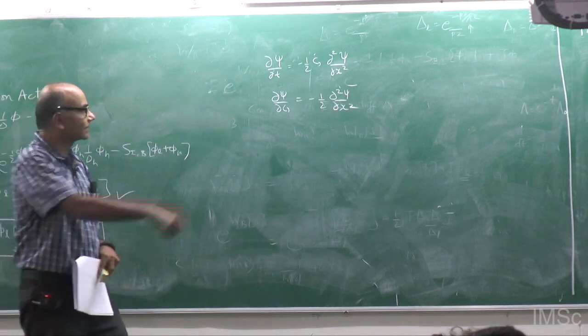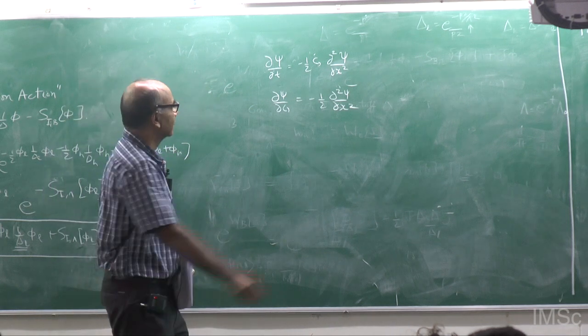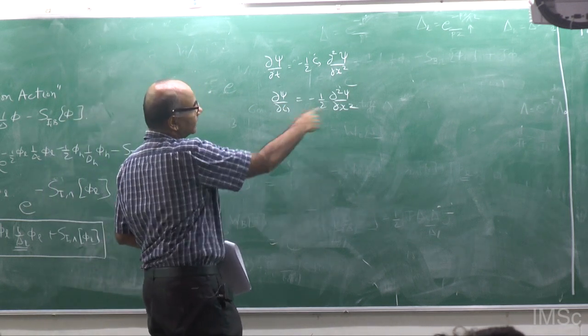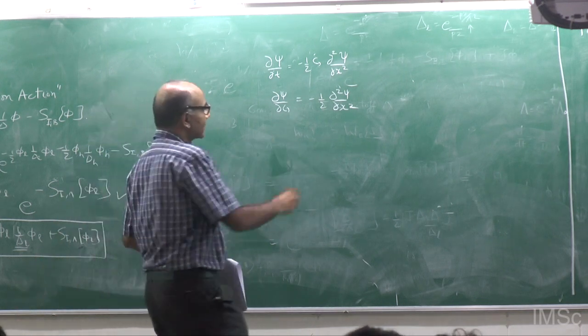In fact, this is a form of Wilson's RG we wrote down in terms of functionals. This is exactly Schrodinger's equation where G is playing the role of time. So we know the answer for this.